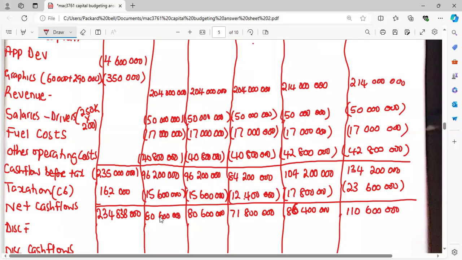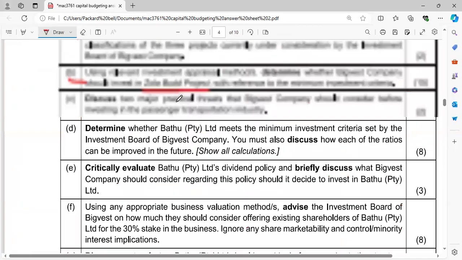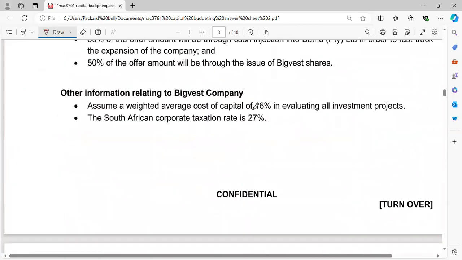Right. So we now have our cash flows. Then we discount using, what is the discounting factor? 16%. Okay, this is the discounting factor, which is 16%.